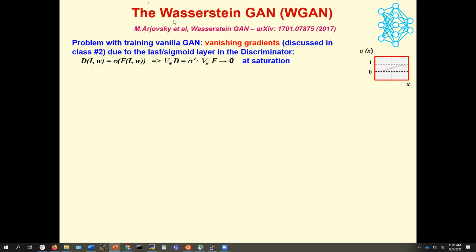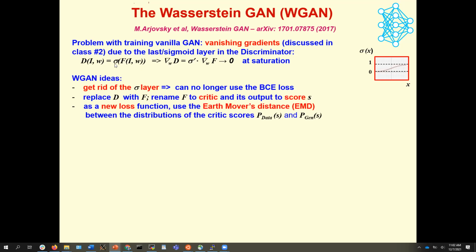To address this issue, another version of the GAN training algorithm was proposed, called Wasserstein-GAN. The idea of Wasserstein-GAN is to get rid of the sigma layer.